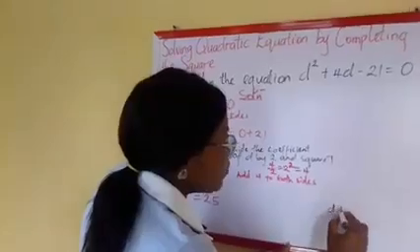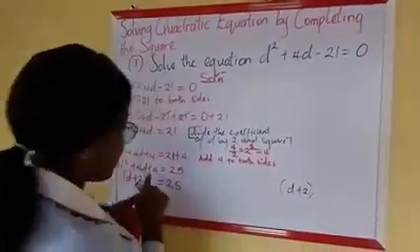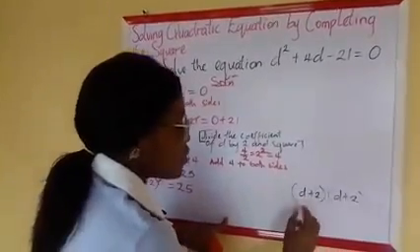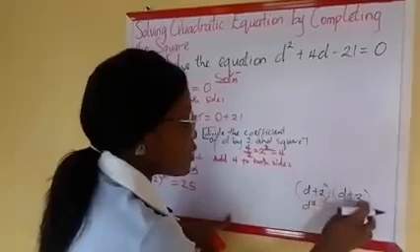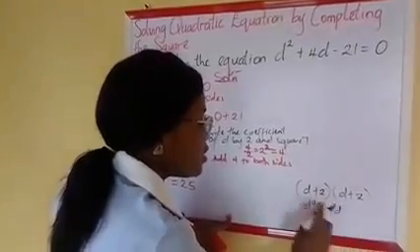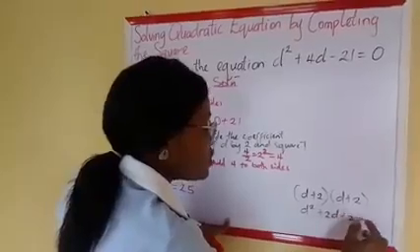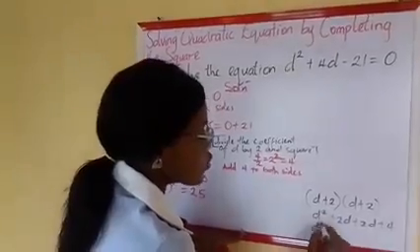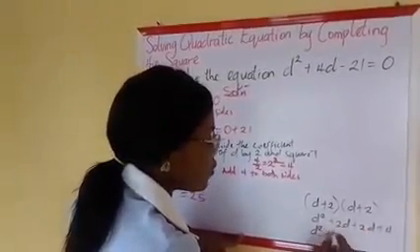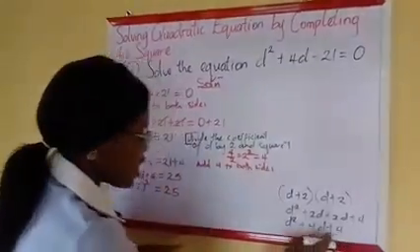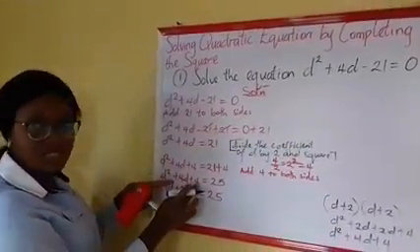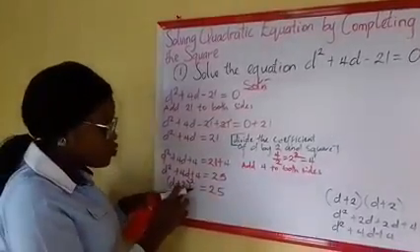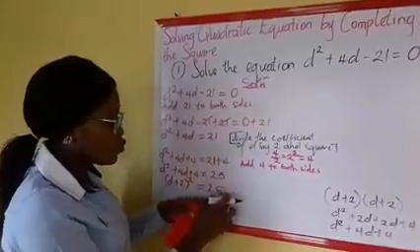We have d plus 2 raised to the power 2, which means d plus 2 times d plus 2. d times d will give you d squared. d times 2 will give you plus 2d. 2 times d will give you plus 2d. 2 times 2 is plus 4. d squared, 2d plus 2d will give you 4d, plus 4. Have you seen that this thing is the same as this? So don't get confused. When you factorize, you have d plus 2 raised to the power 2 equals 25.